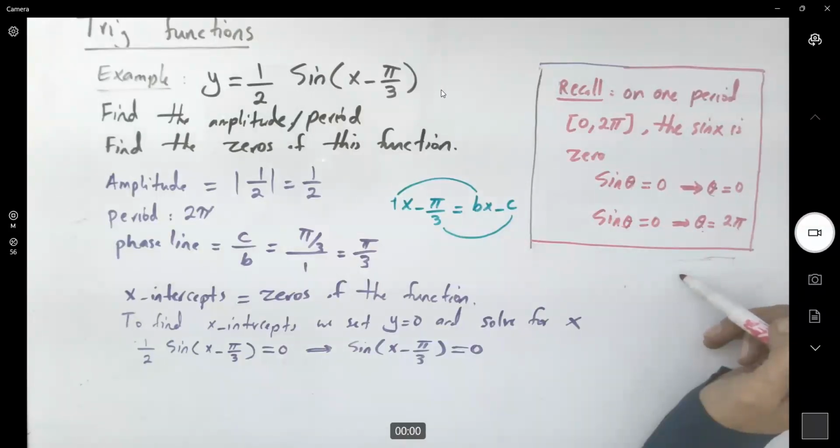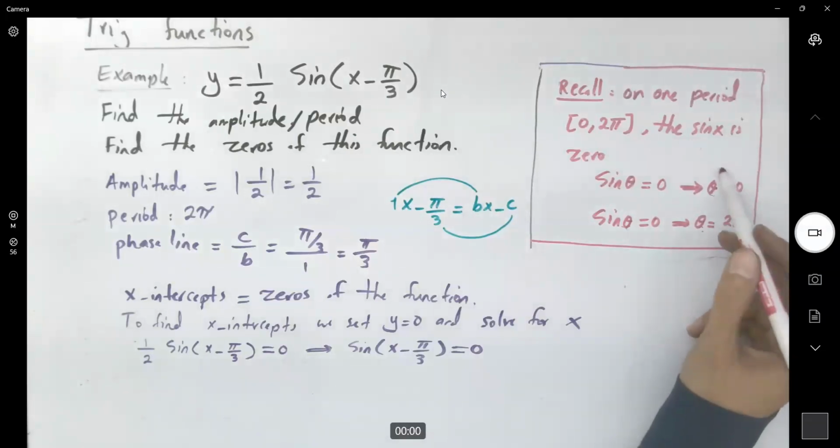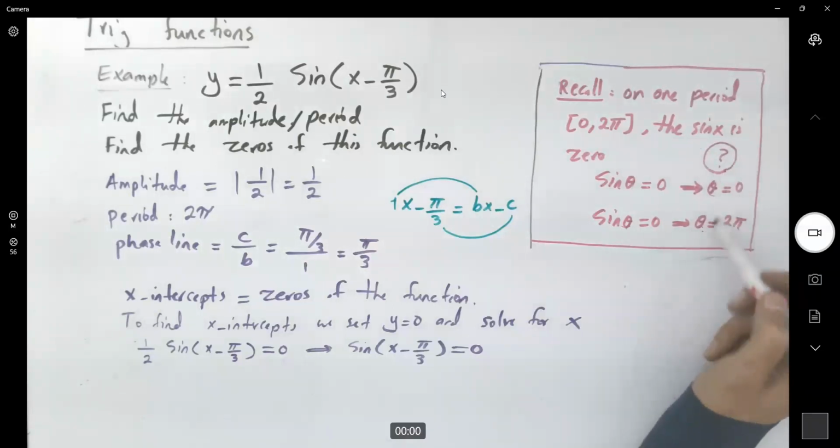Is that right? Do we have any other angle to work with? No, these are the only ones. We have another one.